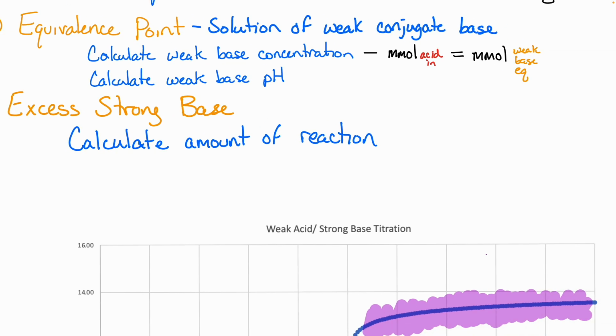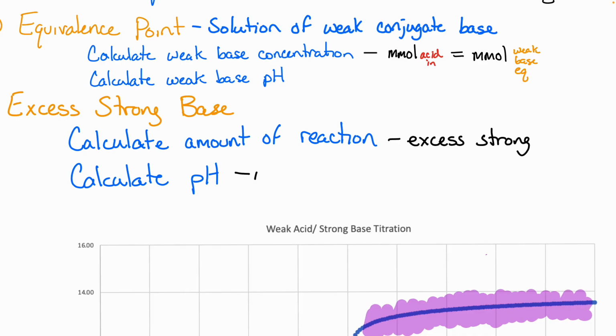All right, but what we're going to find is that we have an excess of strong base. So when we go to calculate our pH, we're going to use that ignore the weak approximation.